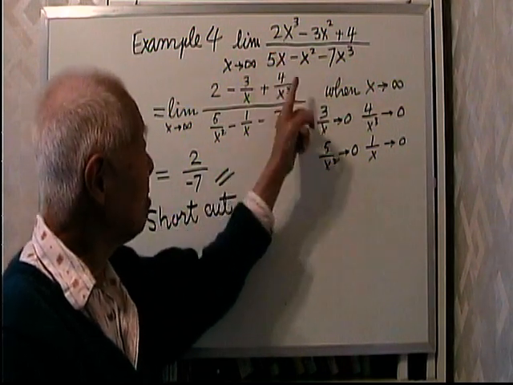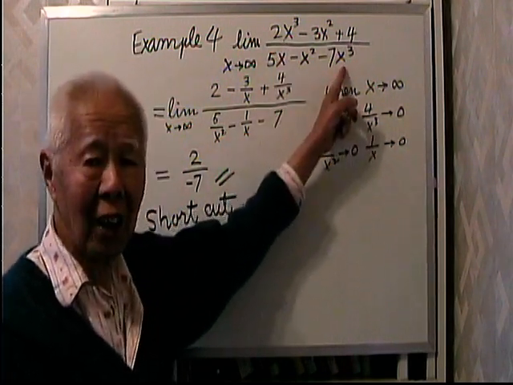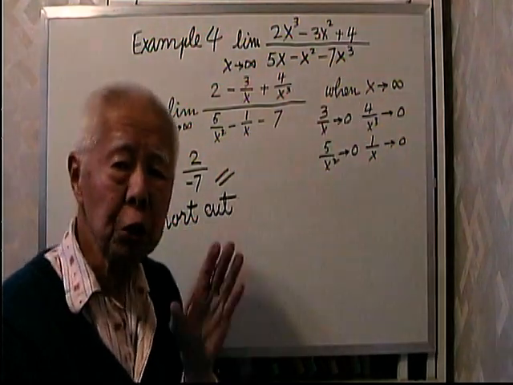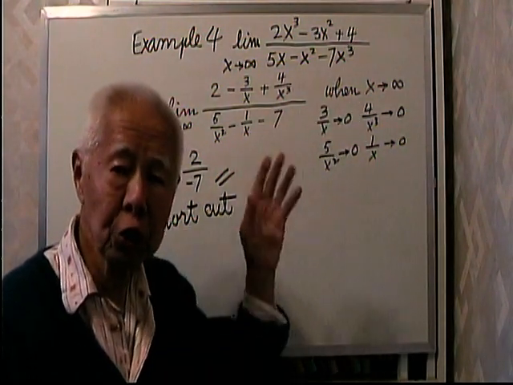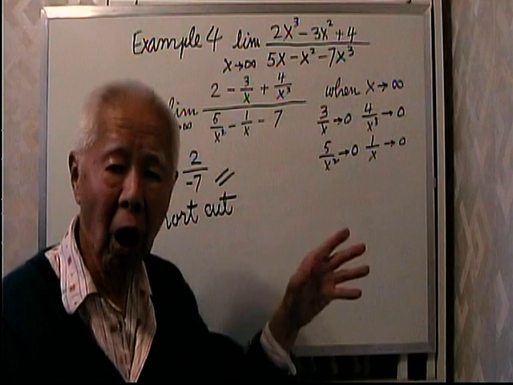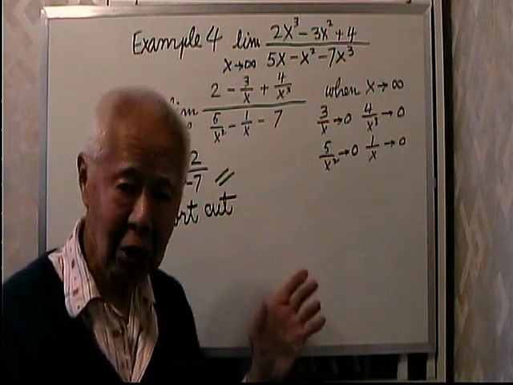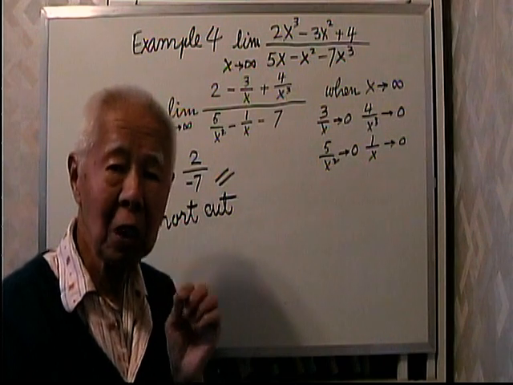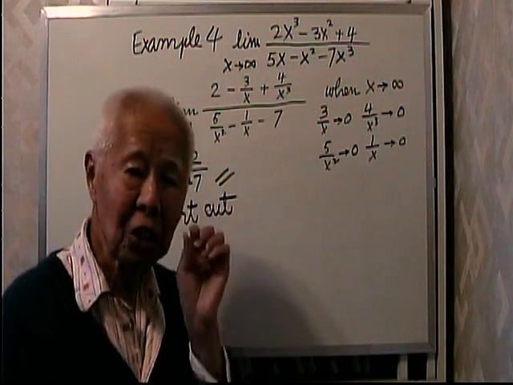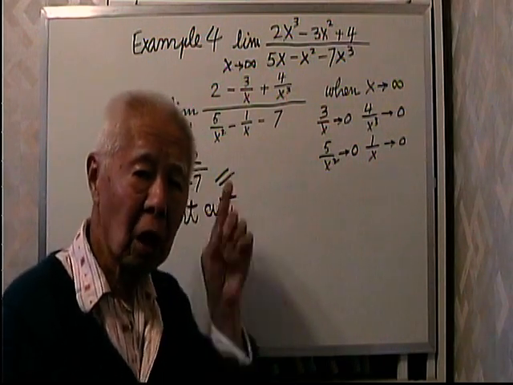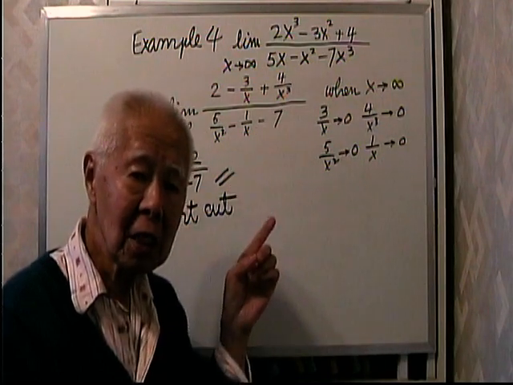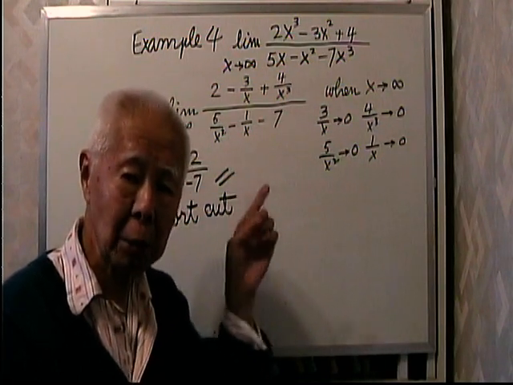At the bottom, this is very large. So you can neglect those terms which are small compared with the large term. All you need to do is to keep the largest term at the top and keep the largest term at the bottom.